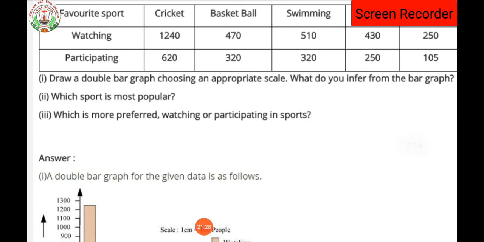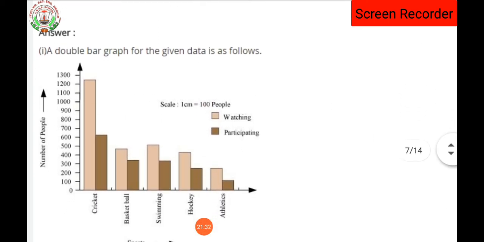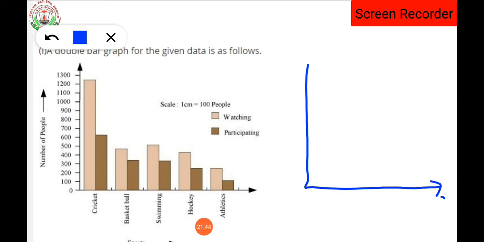Now using this data you have to draw the bar graph which is given on the screen. Draw a bar graph for the following data. So here the x-axis and y-axis are drawn on the graph paper. Taking a graph paper, you have to draw an x-axis as well as a y-axis.